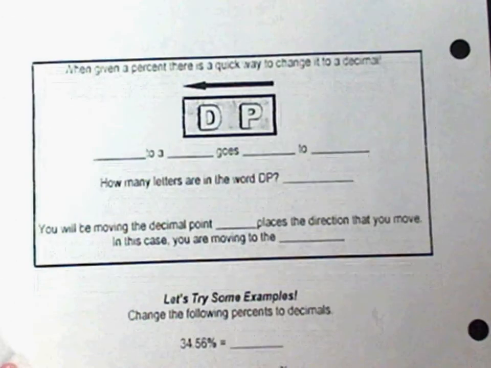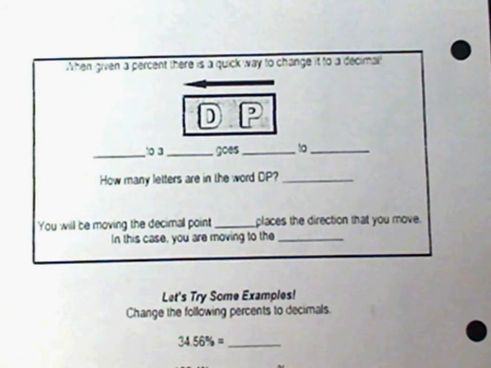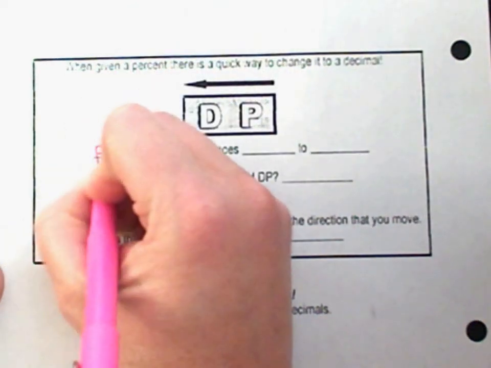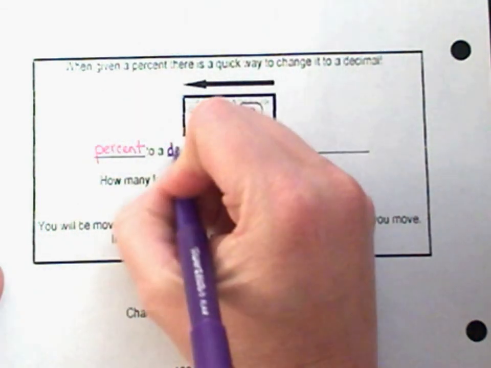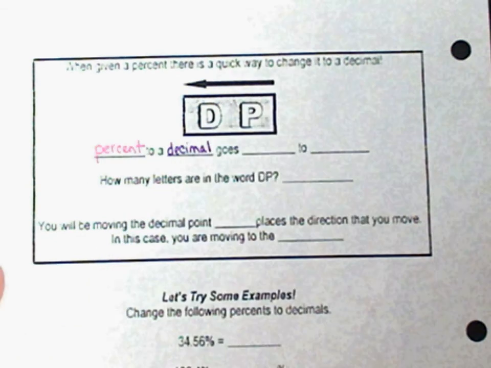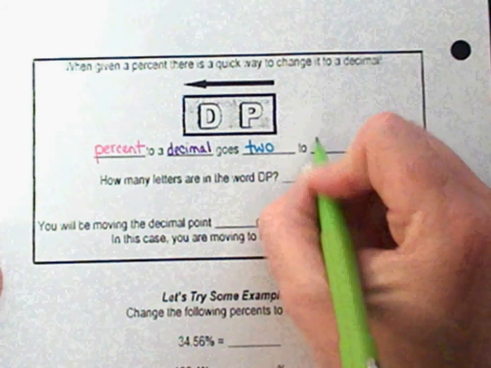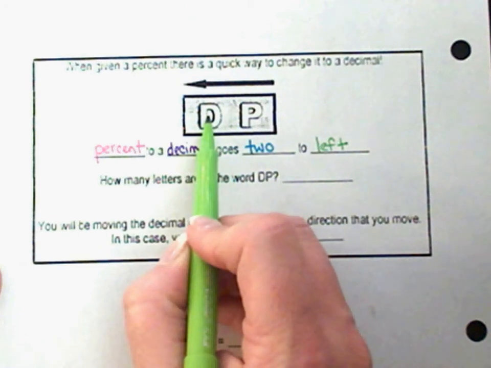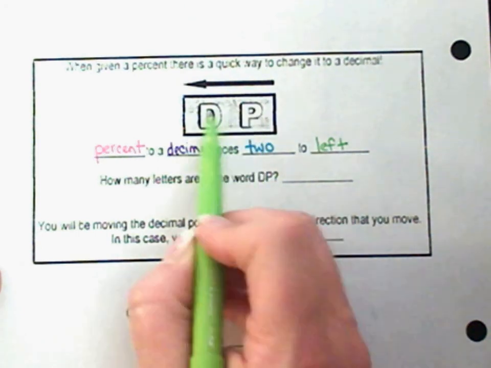Now, if I'm moving the other direction from a percent to a decimal, I'm still going to leave my DP the same, because we don't ever refer to Dr. Pepper as Pepper Doctor. We're always going to keep it DP. But if we're going to start with a percent and change to a decimal, this time we're going to go 2 to the left, because I'm going to be given a percent and I need to move to a decimal.